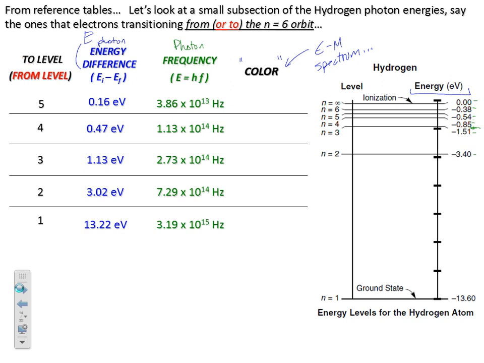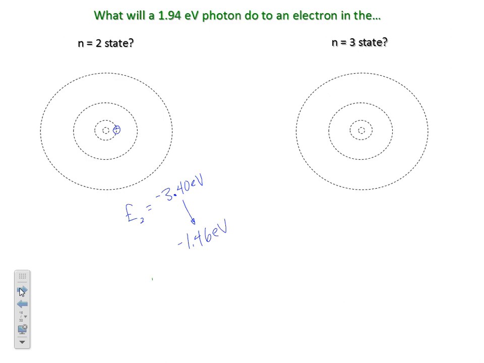So since there's no 1.46, nothing happens. So really what we're saying is this photon is not absorbed. And that electron just sits there like nothing ever happened.